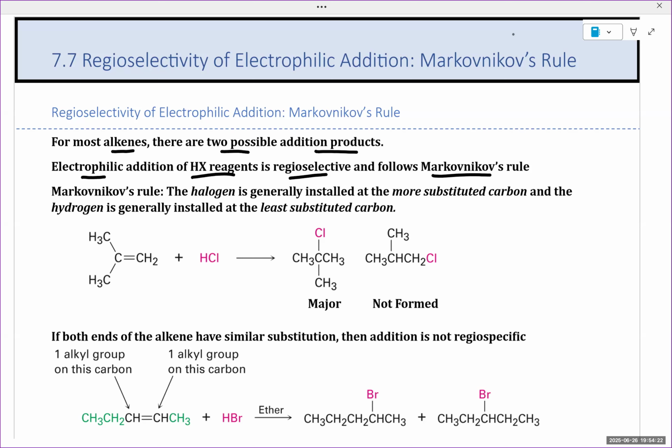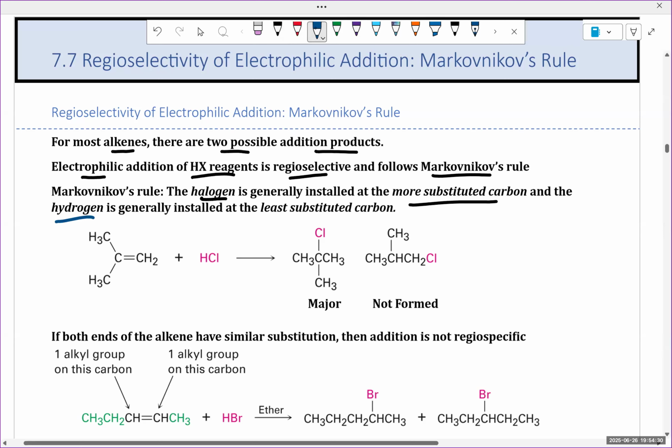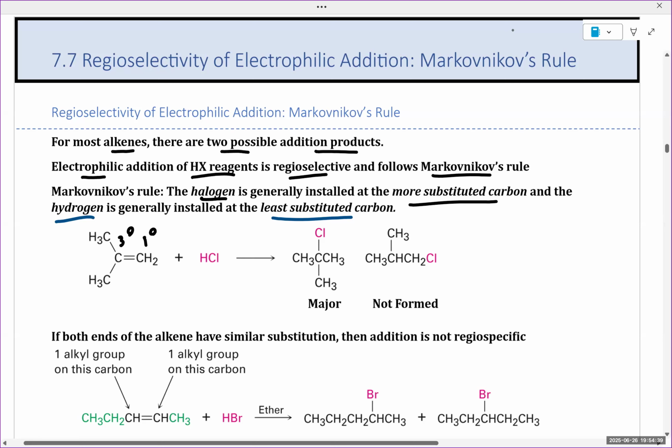In Markovnikov's rule, the halogen is generally installed at the more substituted carbon, while the hydrogen is generally installed at the least substituted carbon. So for example, if you have a choice between a primary and tertiary position, the halide is installed at the more substituted tertiary position.